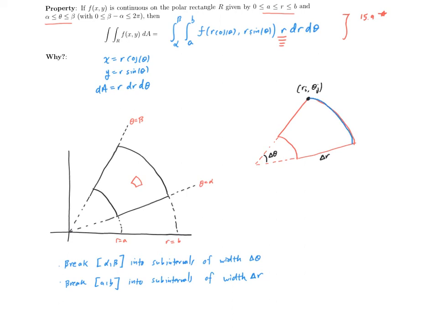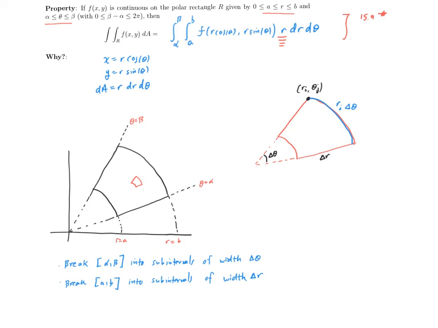And note, if we think back to how we find the length of a portion of a circle, the circumference is 2 pi times the radius, because the radius is how far it is away from the origin, and 2 pi is the range of theta values you go through. Putting that into play, we would say that the length of this outside portion would be r sub i, how far you are away from the origin, multiplied by delta theta, that range of theta values that we go through.